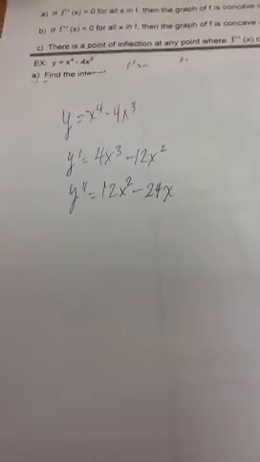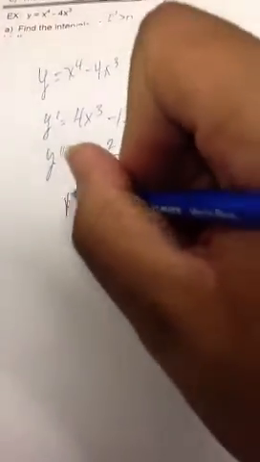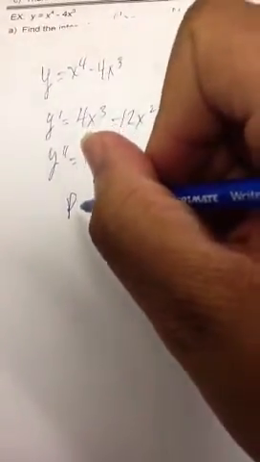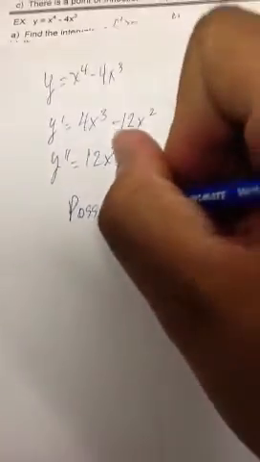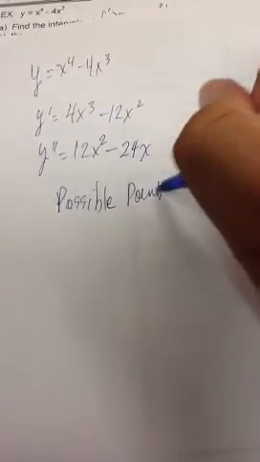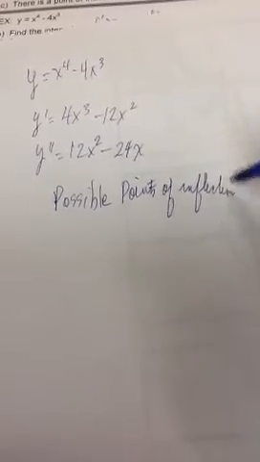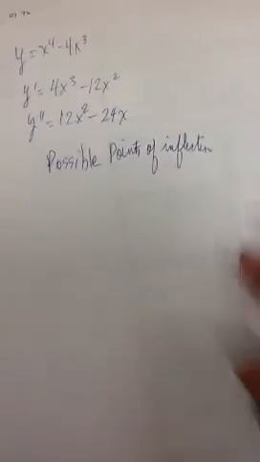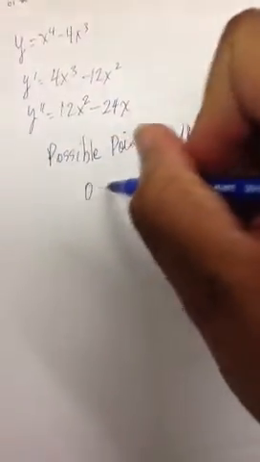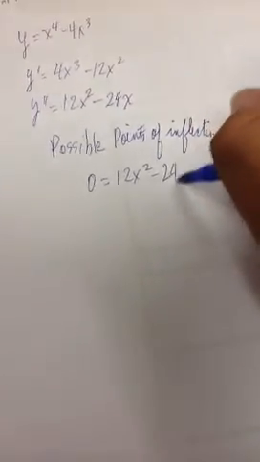So now that I have the second derivative, I want to find the critical values of the second derivative. The critical values here of the second derivative are possible points of inflection, right? That's when I find the critical values. So 0 equals 12x squared minus 24x.